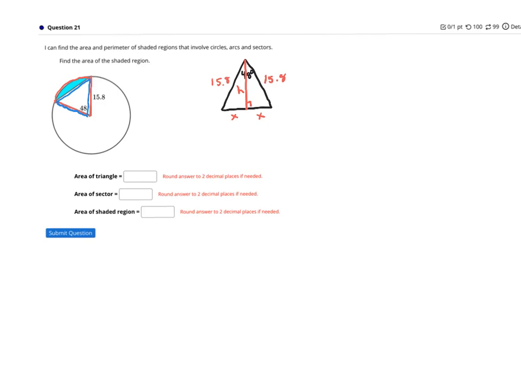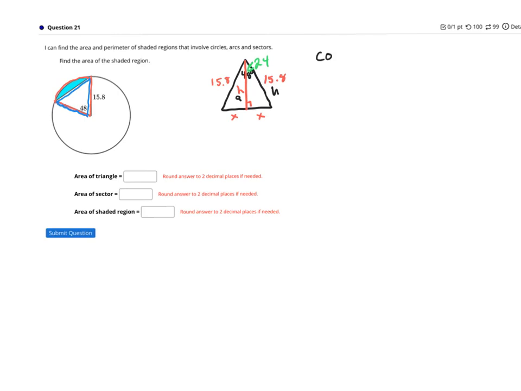So if I can find the base and the height of this, I can find the area. So I have to take and divide this angle 48 in half, which will give me 24. So the measure of that angle right in there is 24 degrees. So now I can find the height. This is the hypotenuse and this is the adjacent side. So adjacent and hypotenuse is cosine.